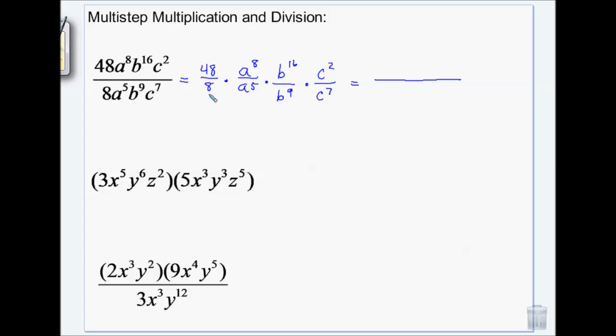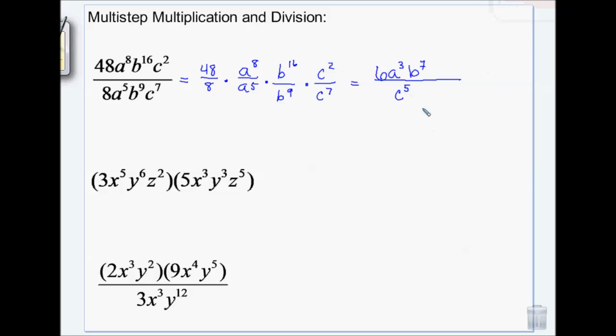Okay, 48 divided by 8 is 6. 8 minus 5 is 3. 16 minus 9 is 7. And then here I've got the 7 in the bottom, so 7 minus 2 is 5.